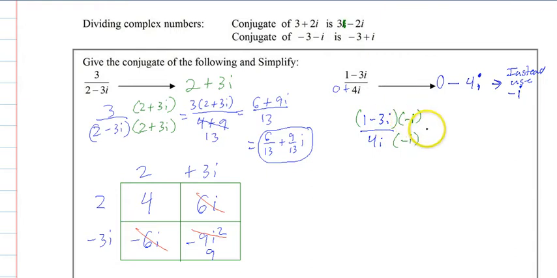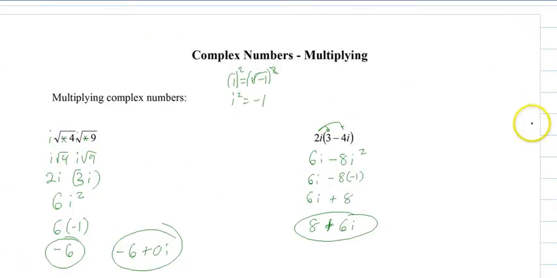So we get minus i plus 3i squared. And then on the bottom, we get minus 4i squared. See, all we have to do is turn that into an i squared. Once we turn it into an i squared, just like before, i squareds become real, and we're done.